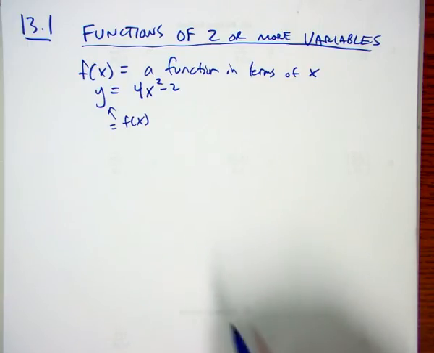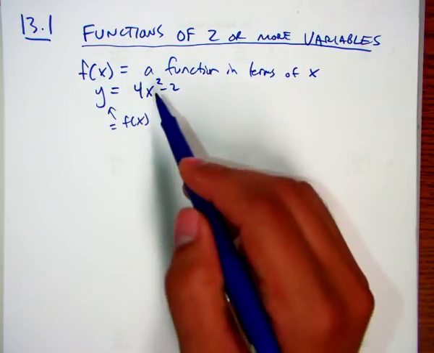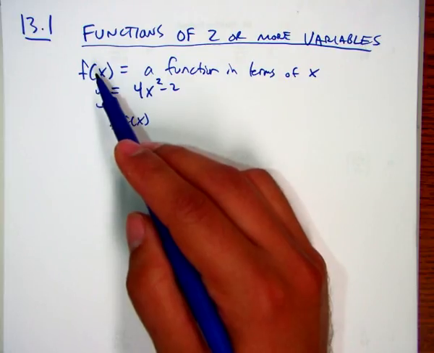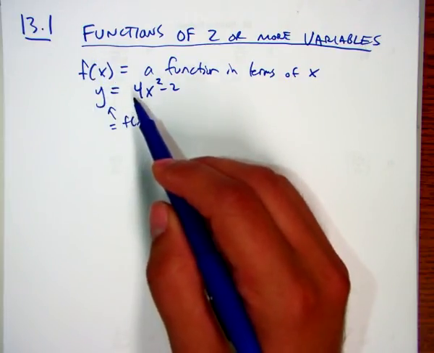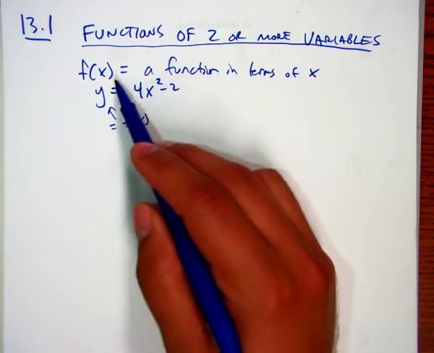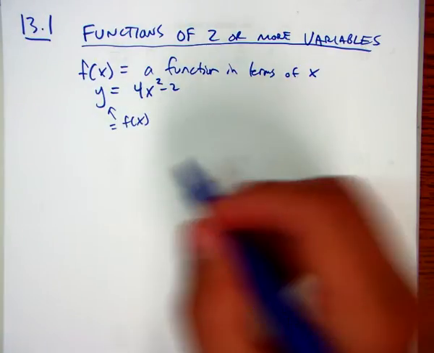Now, this is what you learned in Algebra 1. Eventually, you started using function notation for it and said, well, why have two different variables if really it's just one variable that is the input, which gives us a function in one variable. Okay, so that's what we mean by a function in one variable.